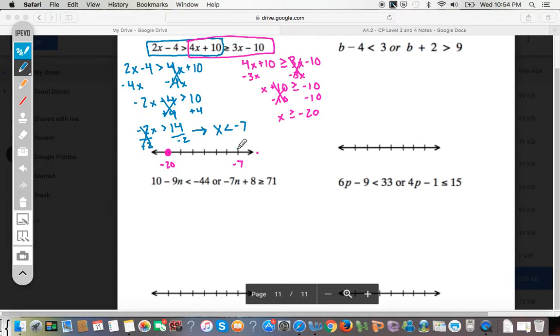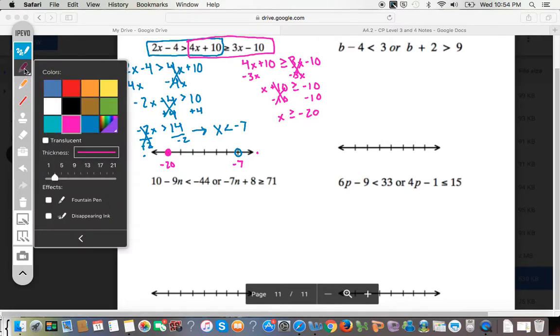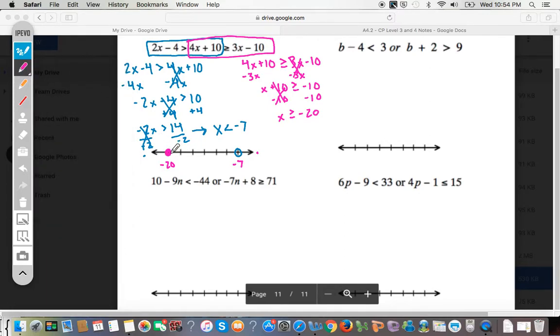So I know it's an open circle. And I know I'm heading in this direction. So what's my common area? It's all these numbers right in here. So that's my solution. Okay, moving on.